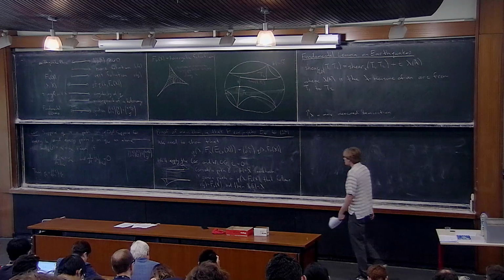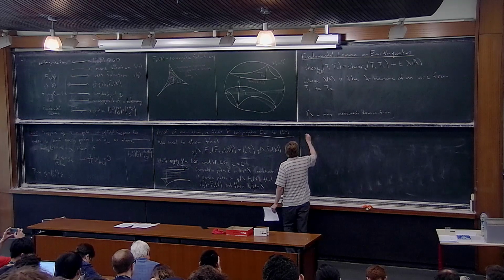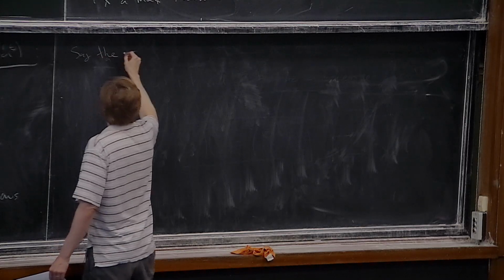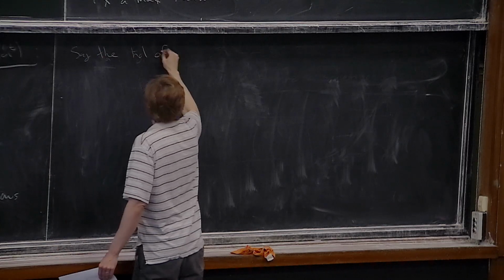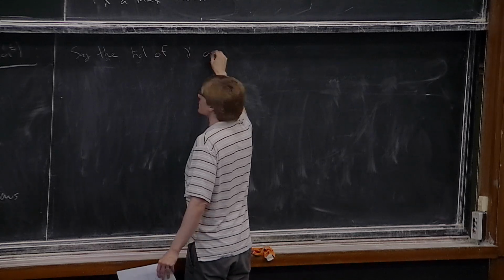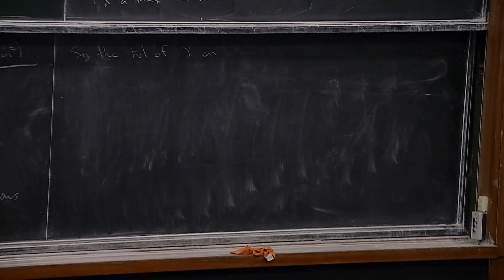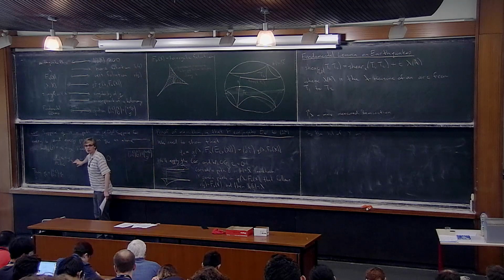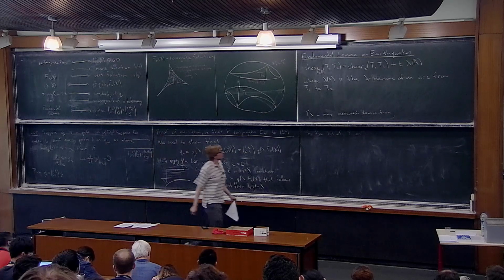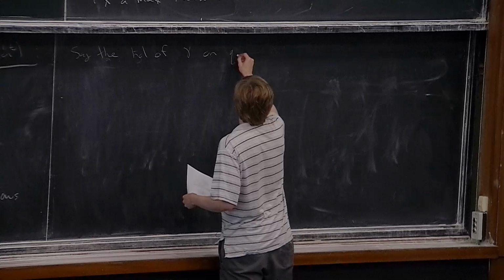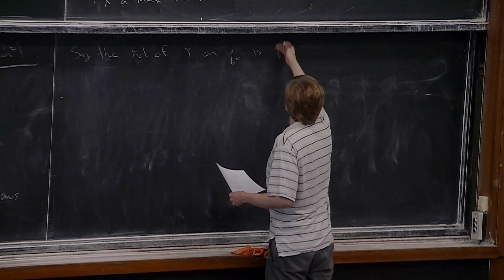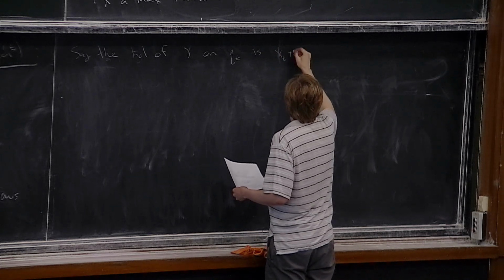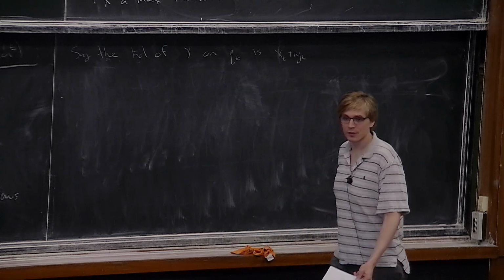Okay, so say the holonomy of gamma on this, let's call it qt. This is our path qt that we want to show is a unipotent orbit. On qt it is x plus xt plus i yt.